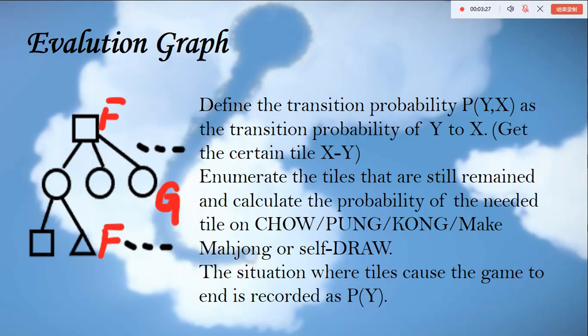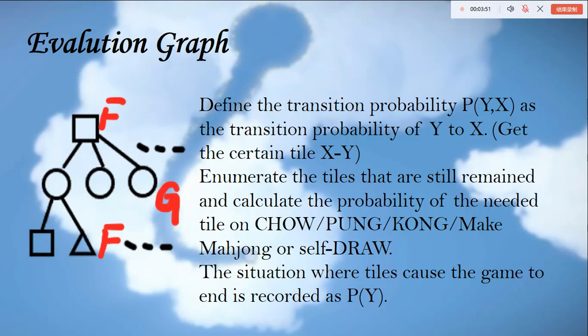Each round will consider all the remaining tiles, that is, all tiles excluding my own 14 tiles and all shown tiles on the table. Enumerate the tiles that are still remaining and calculate the probability of this tile until pung or chow, mahjong or self-draw.